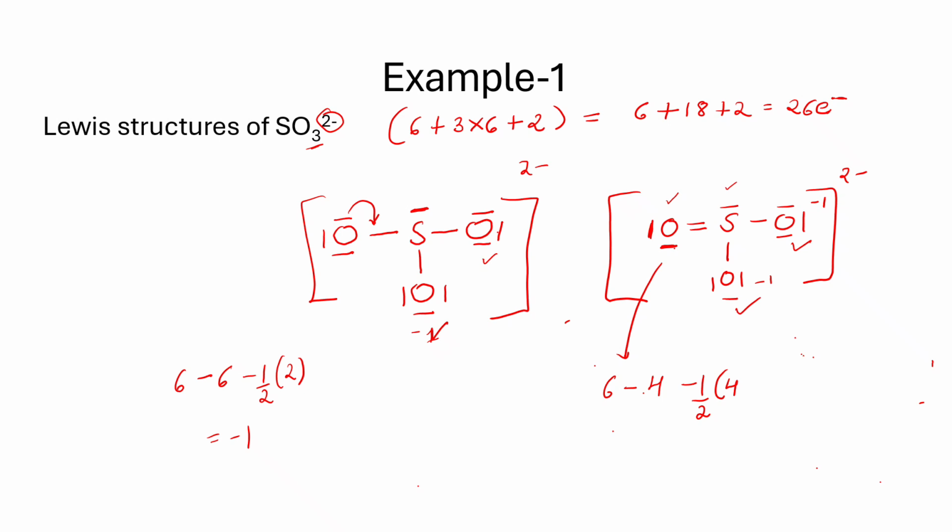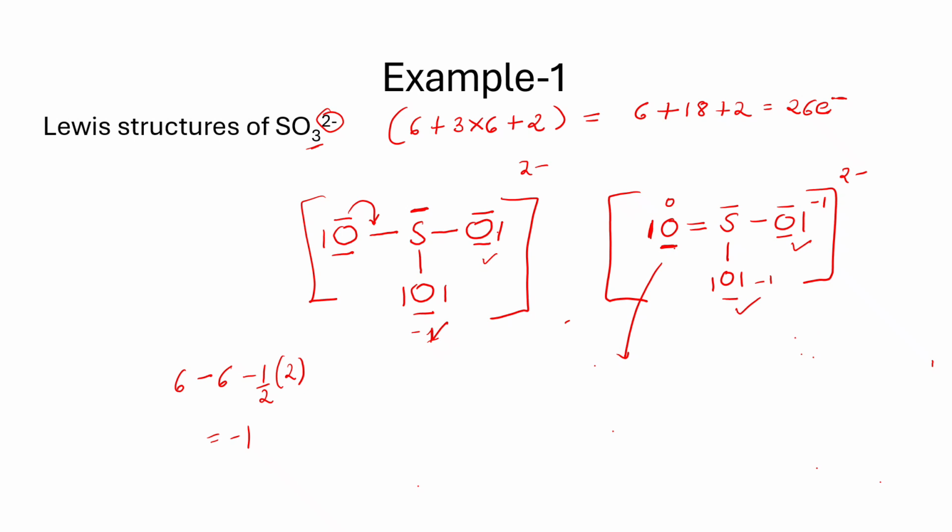So we do minus half times 4, and this comes out to be 0. So unlike the left structure and unlike the other oxygens in this entity, the formal charge on this oxygen is actually 0. Okay, and let's now calculate the formal charge on the sulfur.